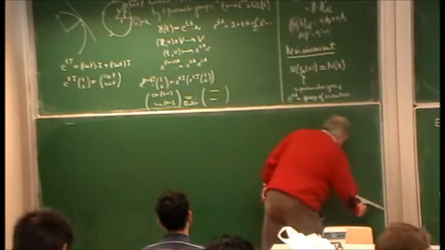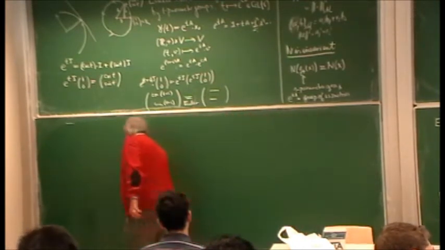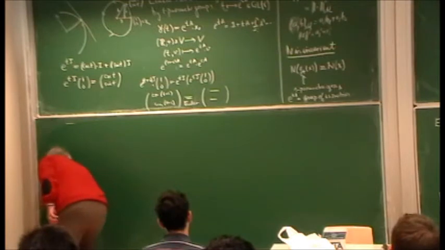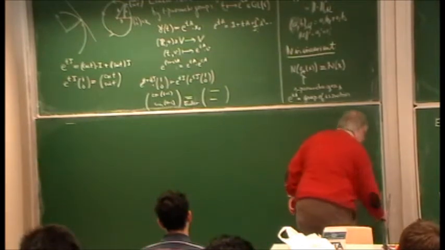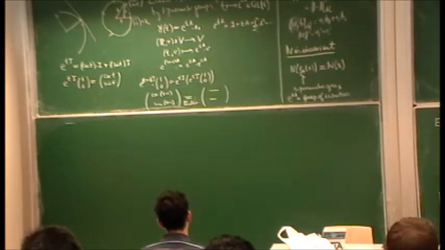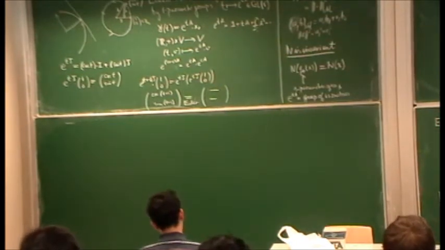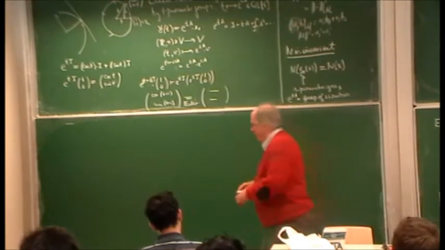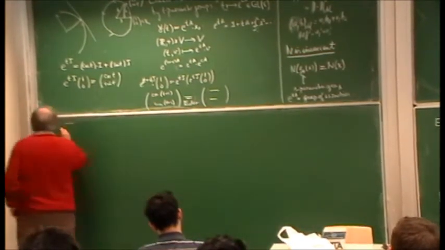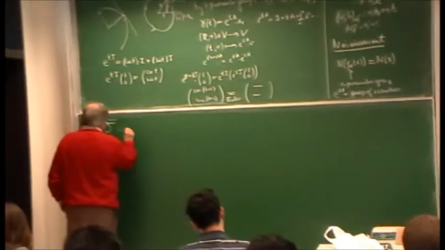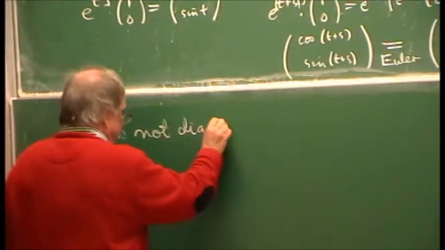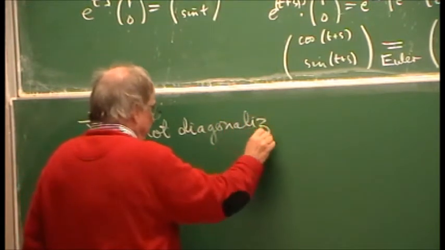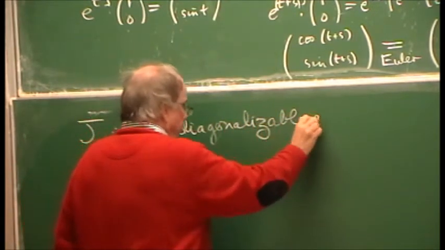And let's look at an operator which is not diagonalizable. And I think you would give me the first operator. So J is not diagonalizable over R.